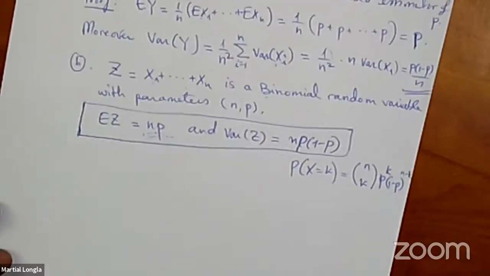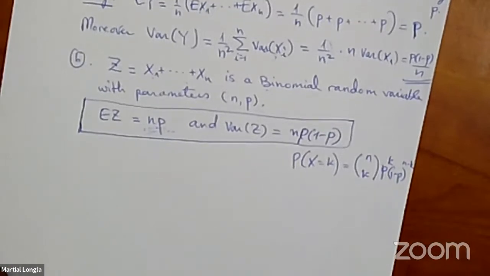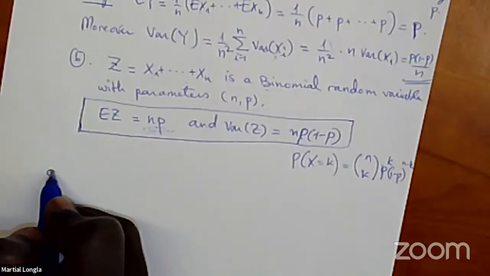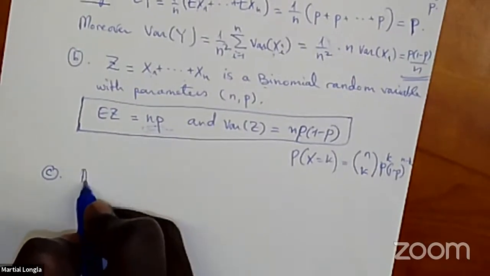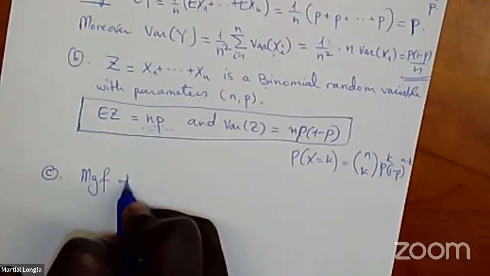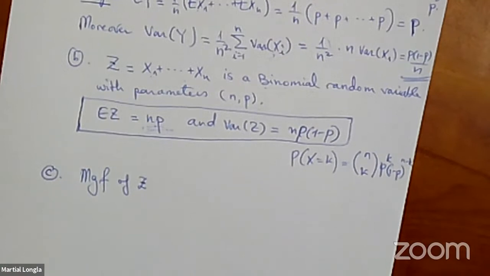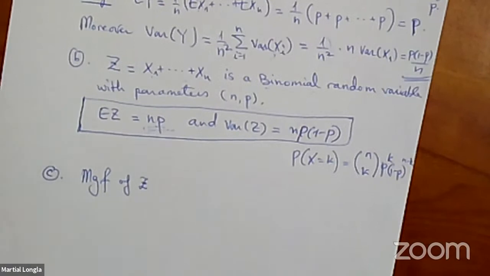Now let's have an application of something that we wrote earlier. How do I get the moment generating function of the binomial?